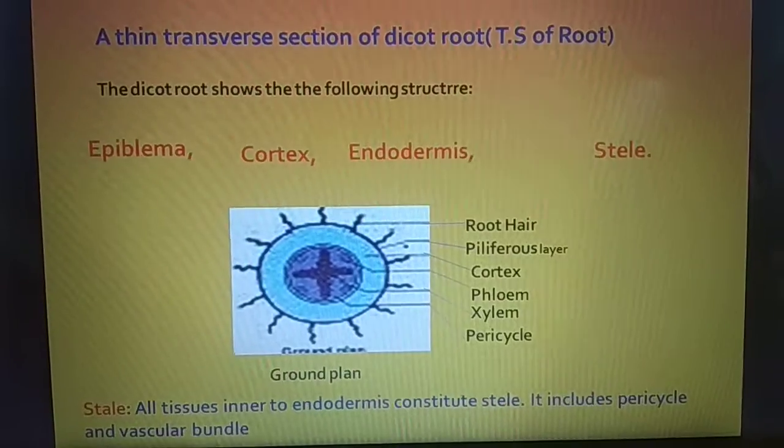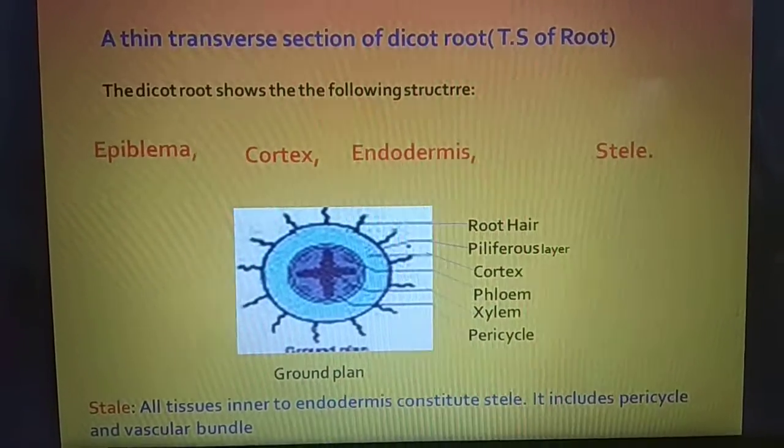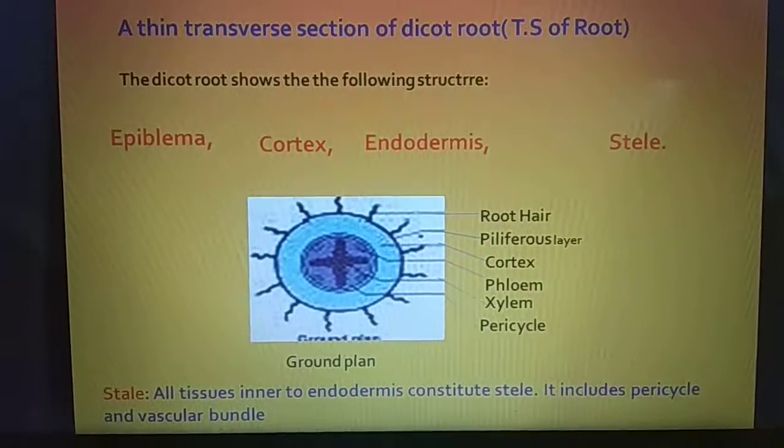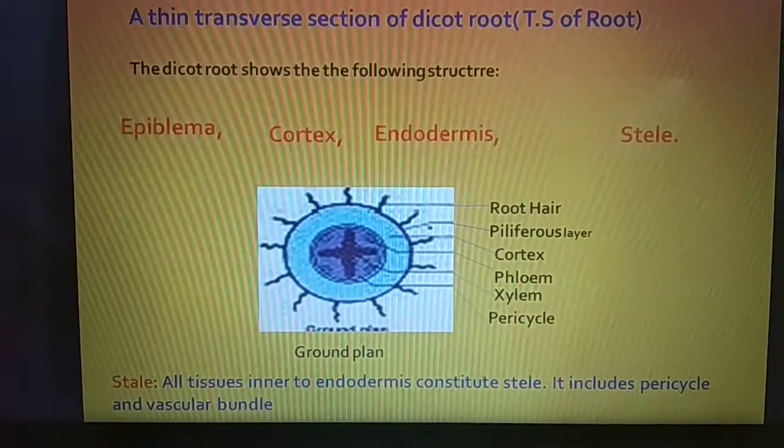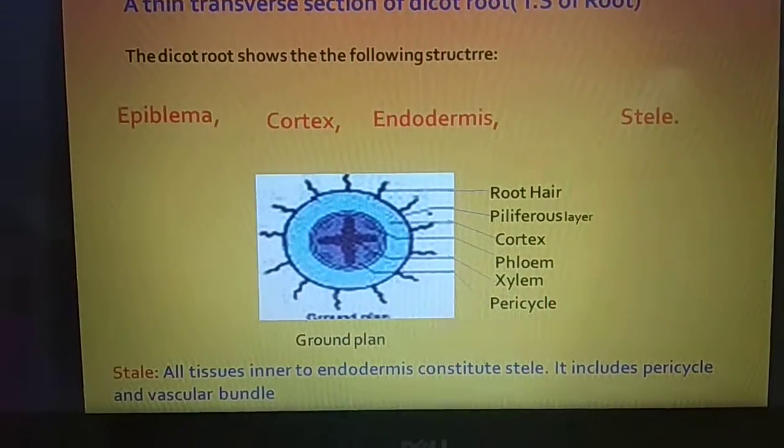Stele. Stele means all tissues inside the endodermis. Endodermis is the innermost layer.